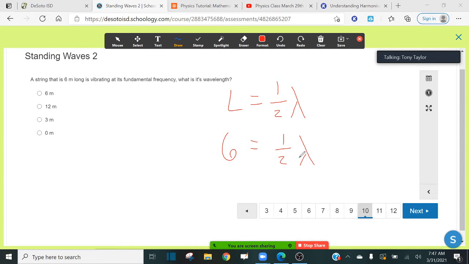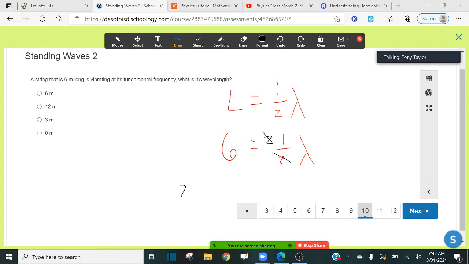How do I do that? How do I get lambda by itself? Okay. Well, guys, in order to get lambda by itself, remember I have to multiply by the reciprocal of 1/2. What is the reciprocal of 1/2? It's 2. So if I multiply this side of the equation by 2, then that goes away, and whatever I do to one side of the equation, I have to do to the other.